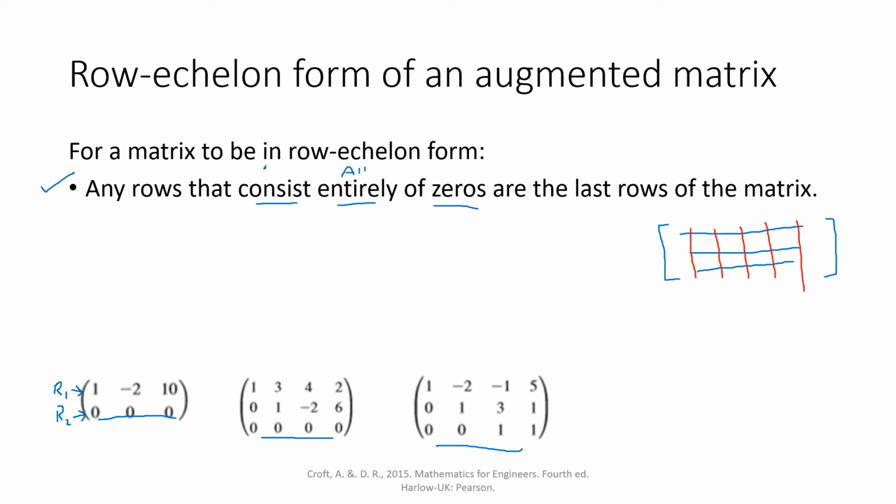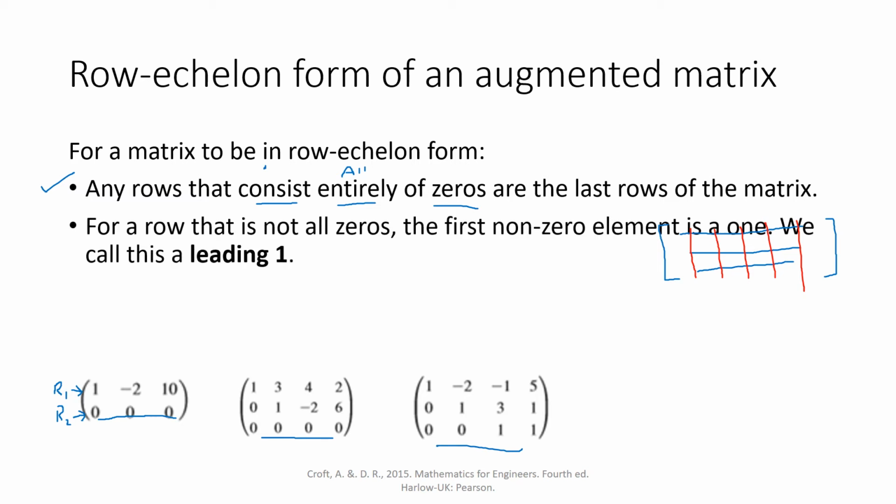Well, next point, the echelon form has one special number which we call leading one. Okay, leading one. So what are leading ones? This is a big lesson actually today. Look, the first non-zero element of a row is called leading one.